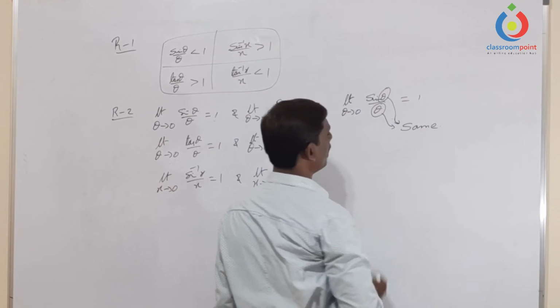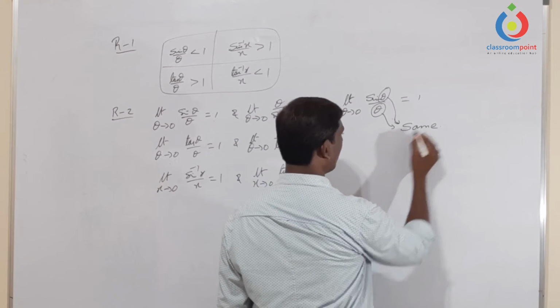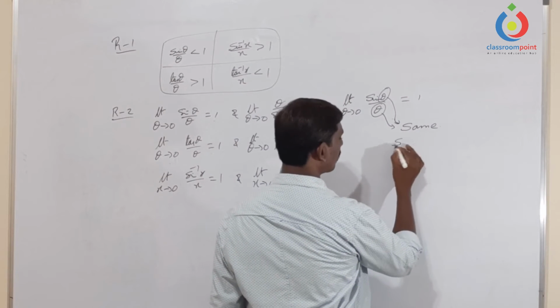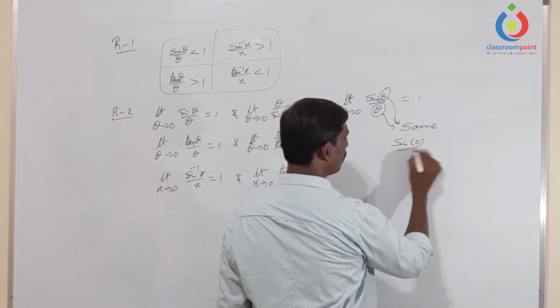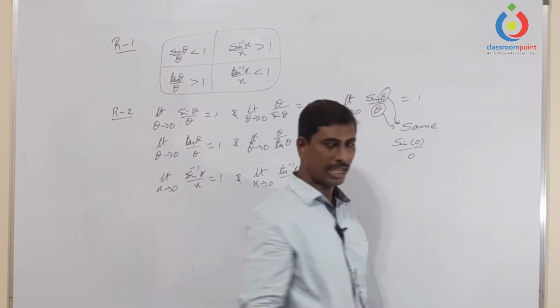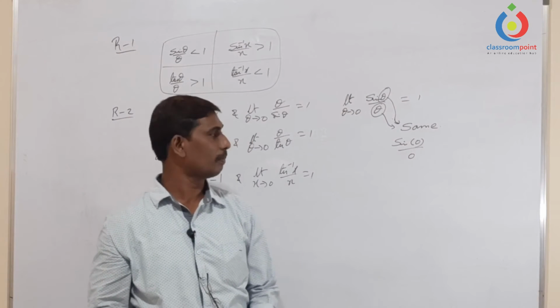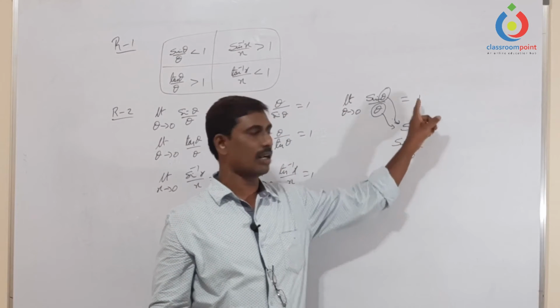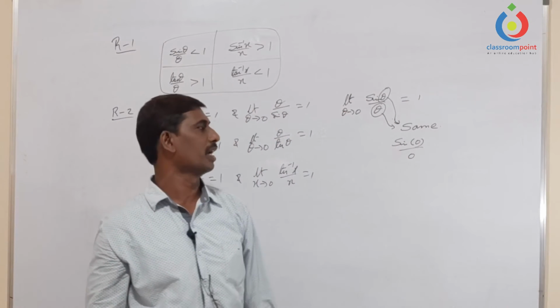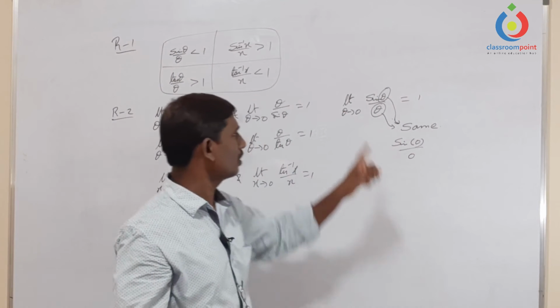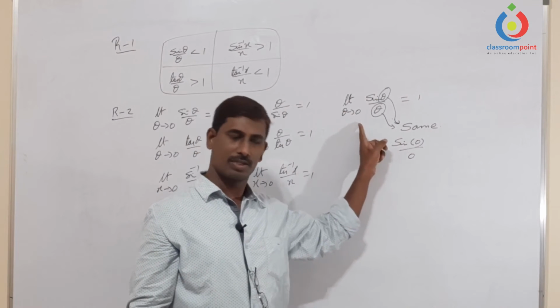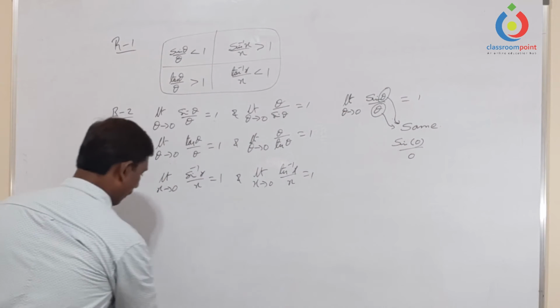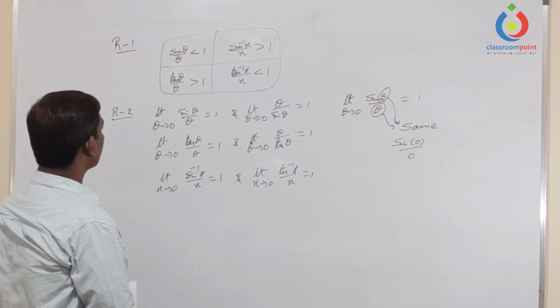And one more condition: it must be sine of 0 by 0. Suppose we don't get sine of 0 by 0, it is not equal to 1. First point, remember that. I'll give some more examples, so depending on this, just check it once.